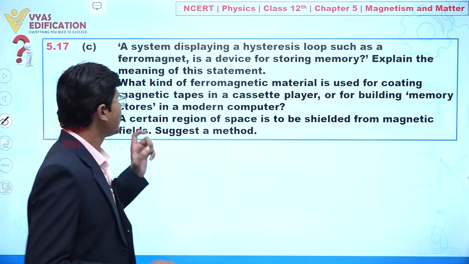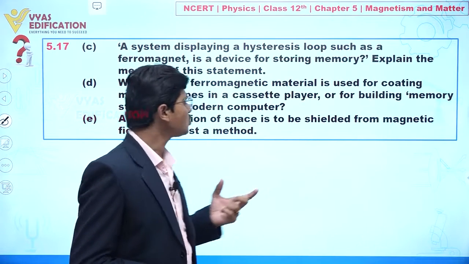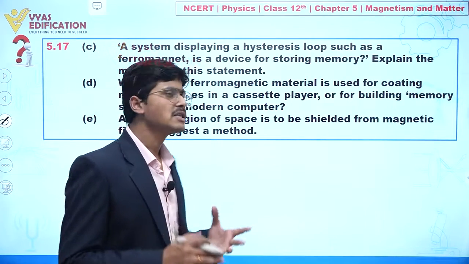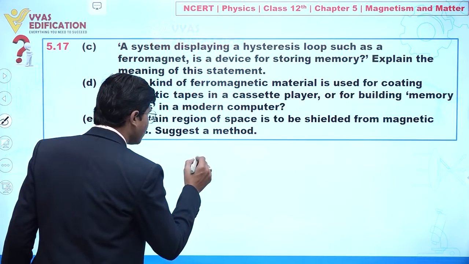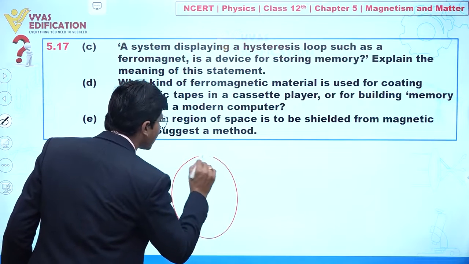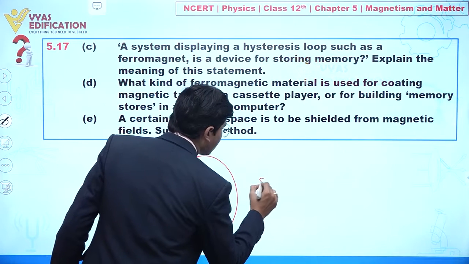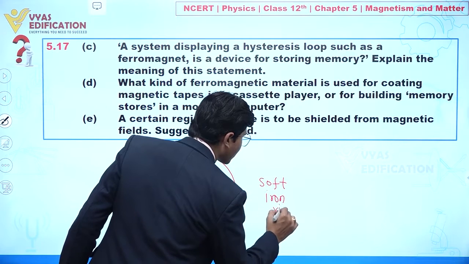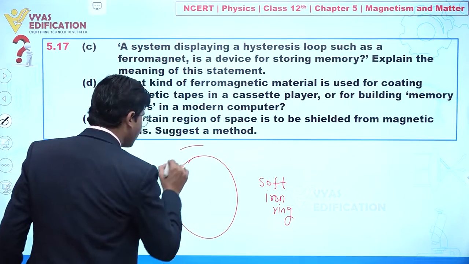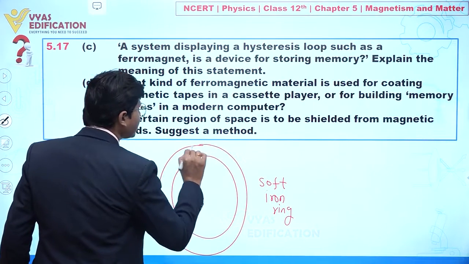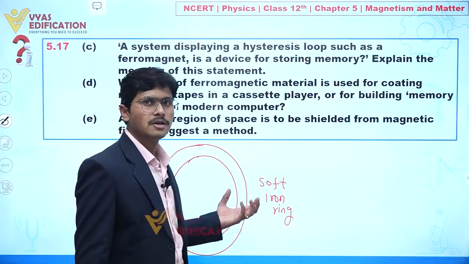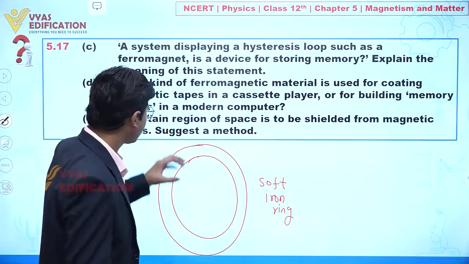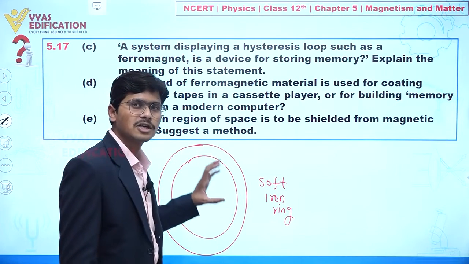Yes. Now if I am talking about part number E, in part number E it is given to you: a certain region of space is to be shielded from magnetic field. Suggest a method. Clear? So let's suppose this is a soft iron ring. And let's suppose we place a measuring instrument in the space between these soft rings.